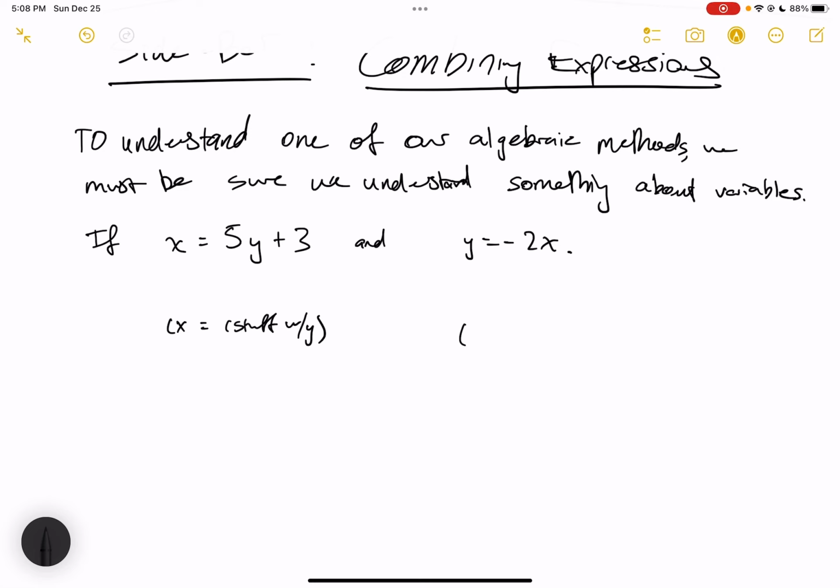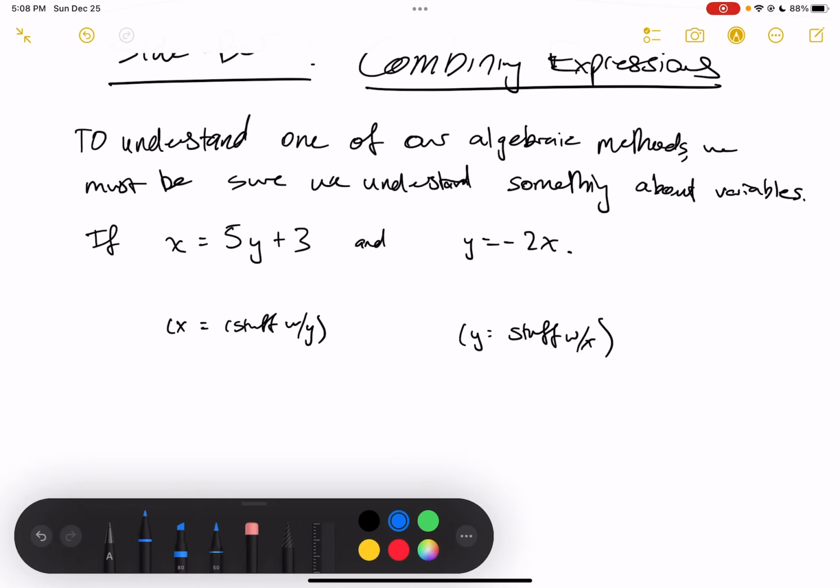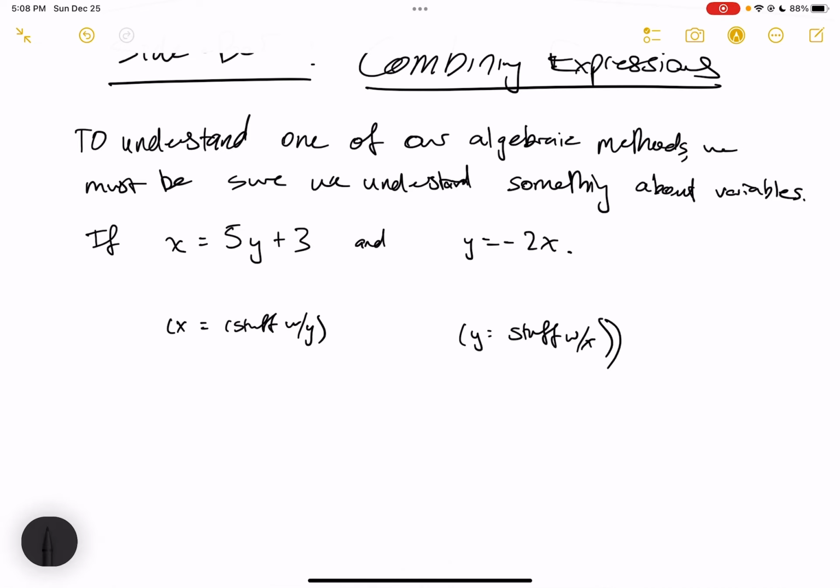The second equation is y equals stuff with x. The beauty about how we can work with mathematics is that when we have one fact about something, x is equal, even if it has variables in it, we can still work with it.